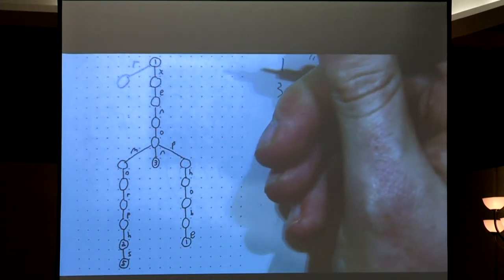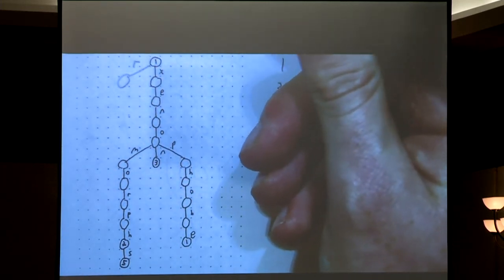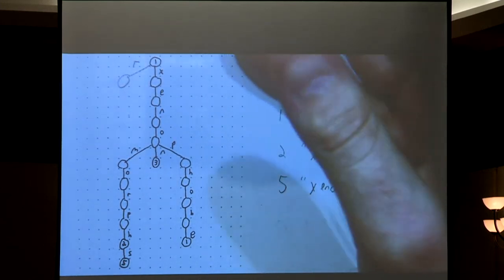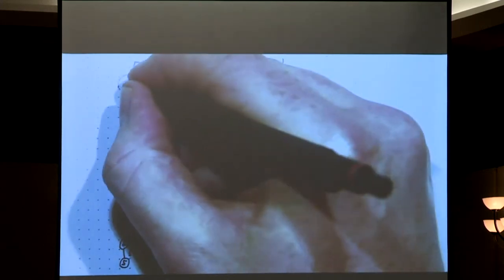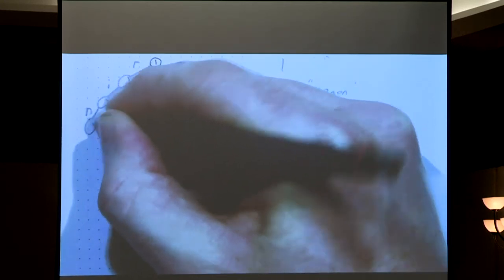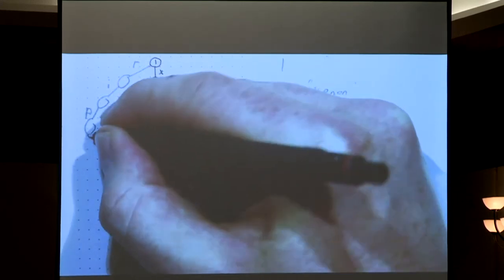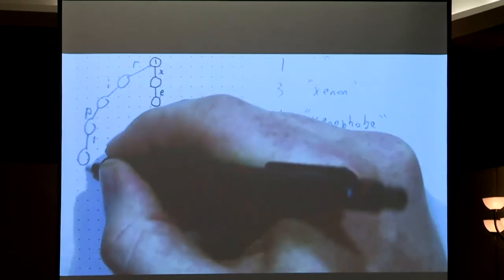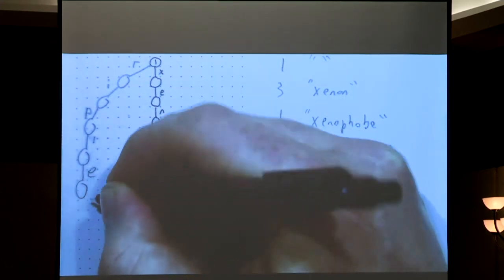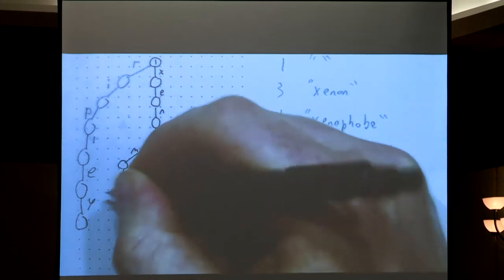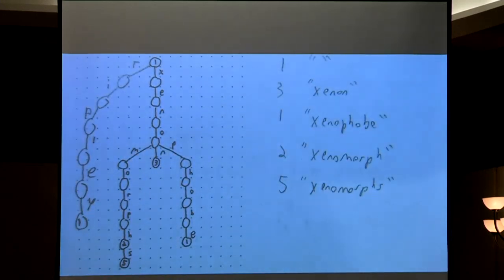And at this point, we've got a completely new branch, right? So it's going to be really easy. I, P, L, E, Y, Ripley. We have 1 Ripley.